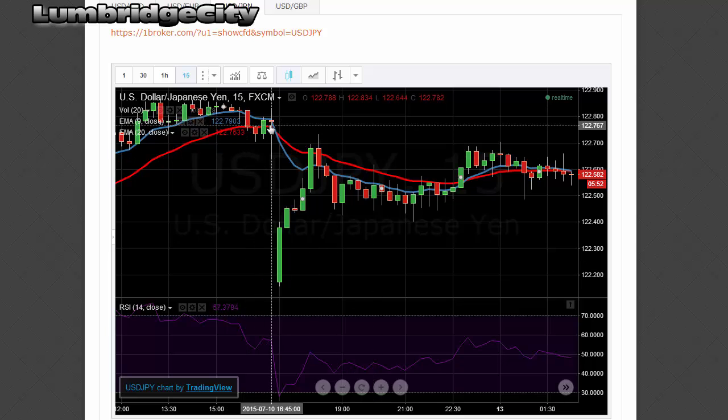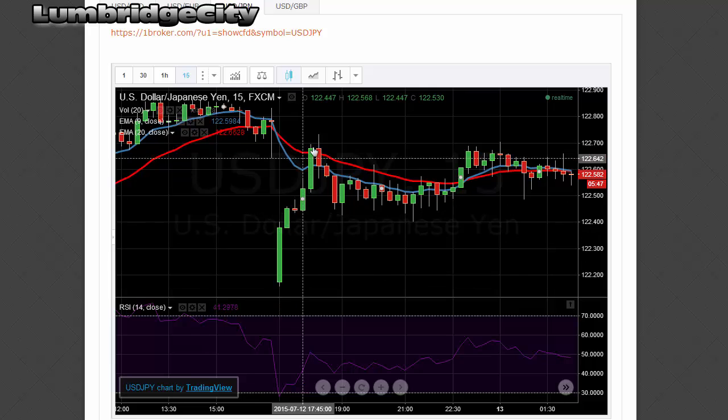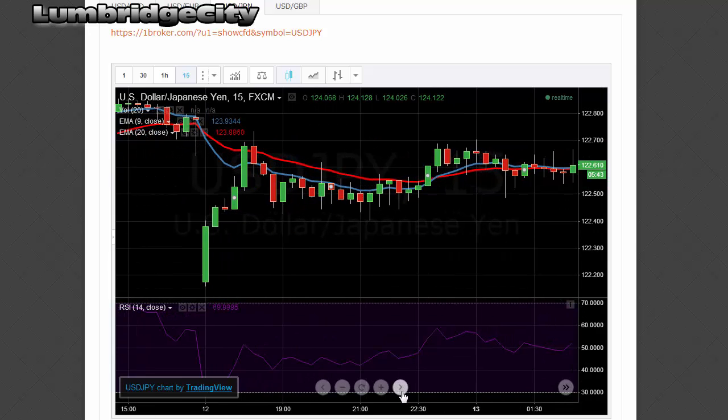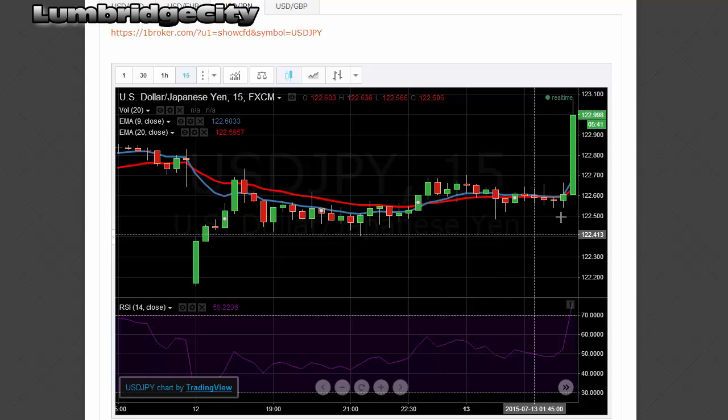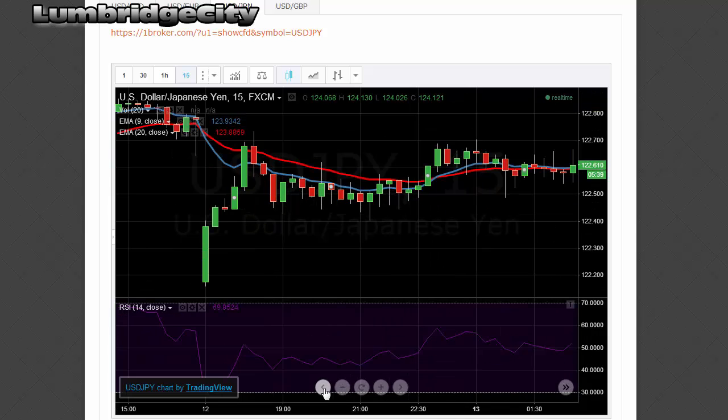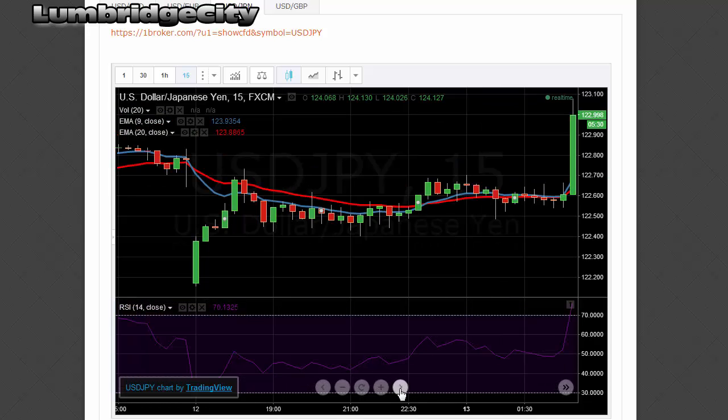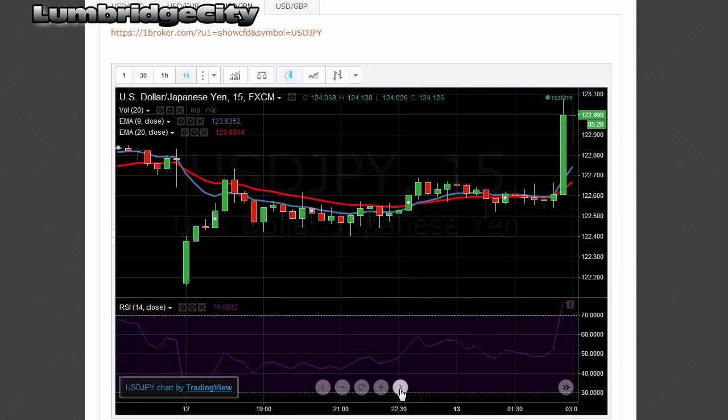Here's a crossover that you could not have traded because it was a big gap move. But here the prices came up and filled that gap. Interesting. Now I could go ahead one click at a time and go back, take a look at this moment. Would I have known to put that trade on by my trading signals? Probably not on that one. That would have caught me unaware.